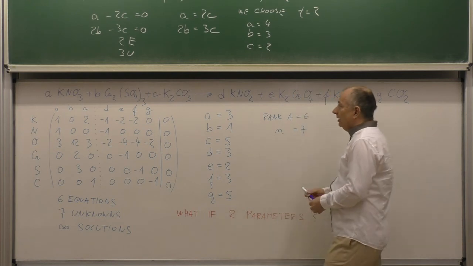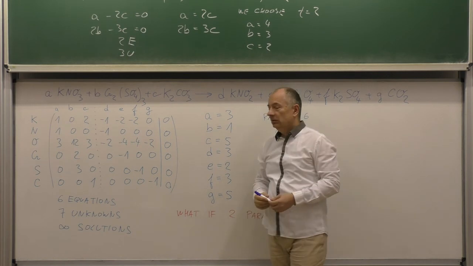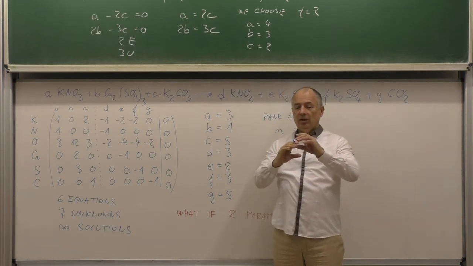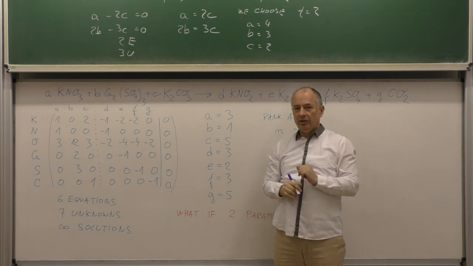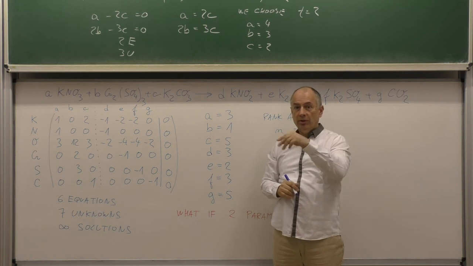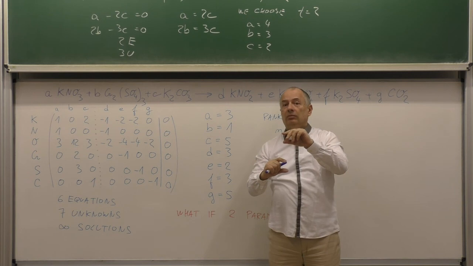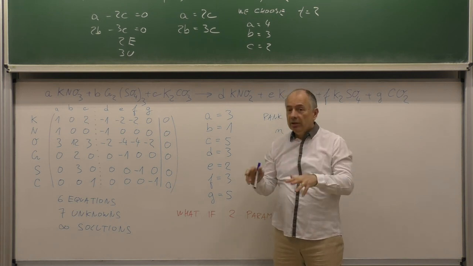That means that if we have such a chemical scheme here, then actually it can be decomposed into 2 independent chemical reactions. One of them has its stoichiometric coefficients, which can be multiplied by any number. And the other subsystem has again its own stoichiometric coefficients, which can be multiplied by any number.